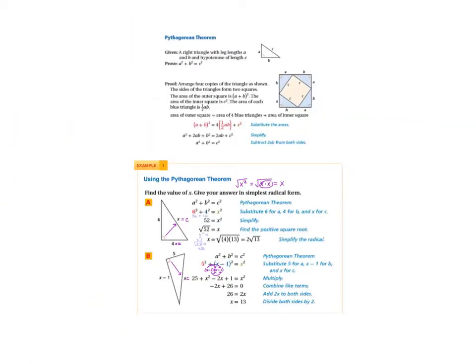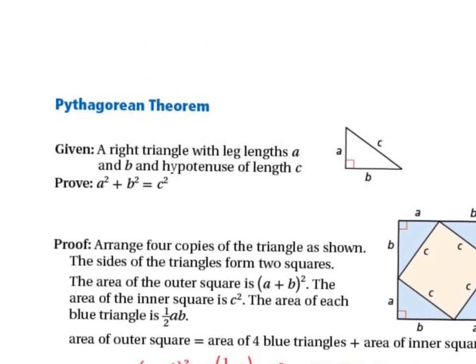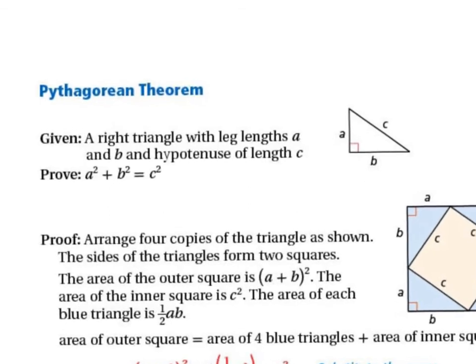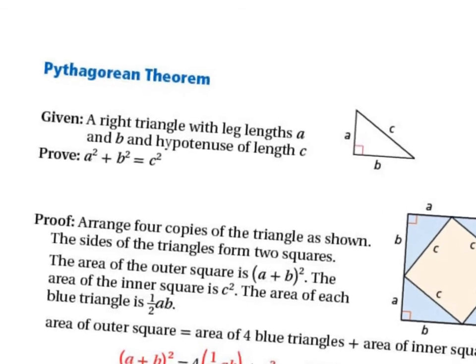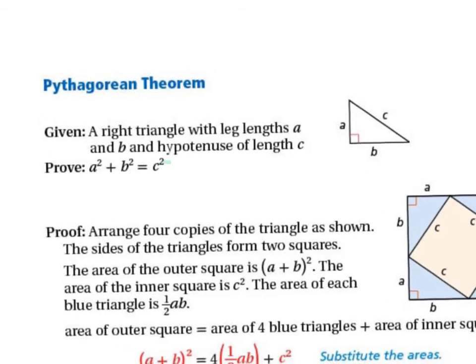All right, that leads into the application of the square roots, which is Pythagorean theorem. So in a right triangle, so 1, it has to be a right triangle, and 2, you have to have 2 of the 3 side lengths. The Pythagorean theorem says that a squared plus b squared equals c squared. Now, what's important here is the location of c.